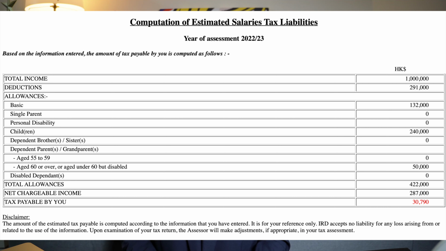Once you earn 1 million Hong Kong dollars per year, you're going to have way more expenditures. Probably you are considering some MBA courses, you have to raise maybe 2 kids, and even pay for your health insurance, and take care of your parents, etc.